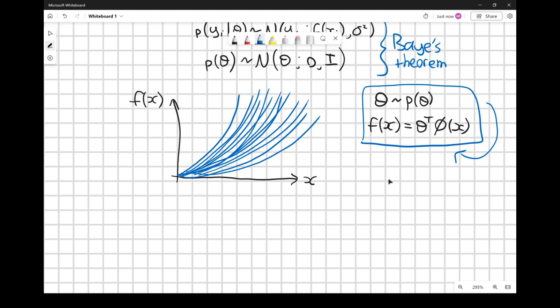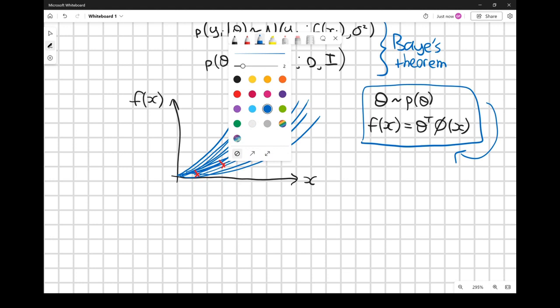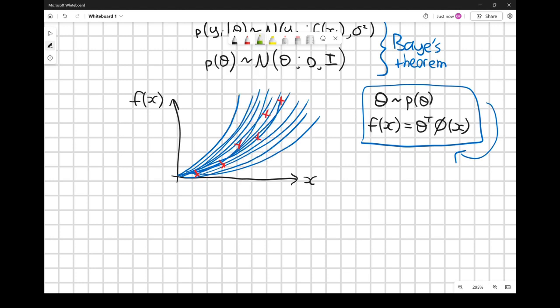And then, loosely speaking, let's say we actually get some data that looks perhaps a bit like this. If we were to go on and sample from the posterior, the probability of theta given the data we've witnessed, which is the red crosses, I'll colour this in green, we'd end up with a family of models that are closer to the data and more plausible given the red crosses.